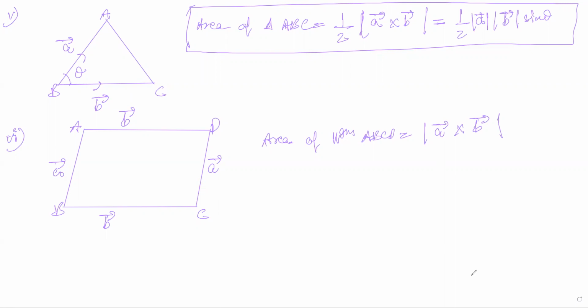Now, how is this happening? You can understand that very easily, by the way. You know the area of this triangle is half base into height. So area is half into BC into this perpendicular AD, right? Now the length of this perpendicular can be found out in terms of A and theta. Now sine theta here would be AD by AB. Hence AD can be written as AB sine theta.